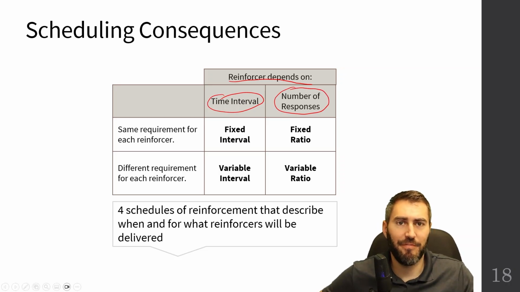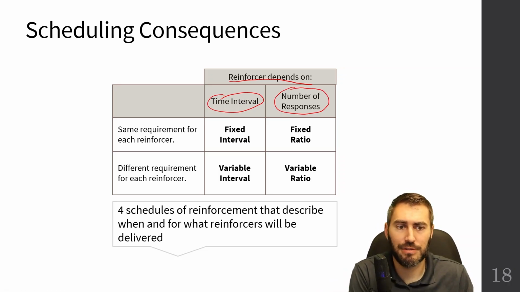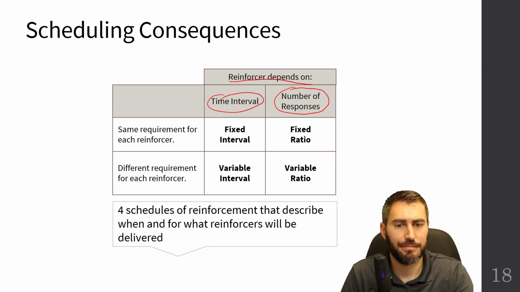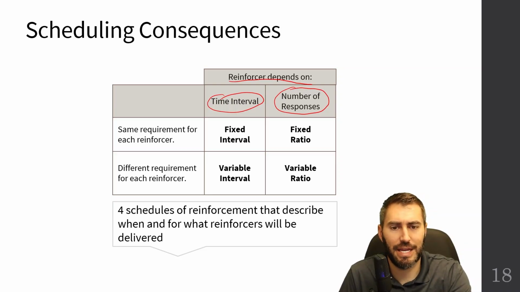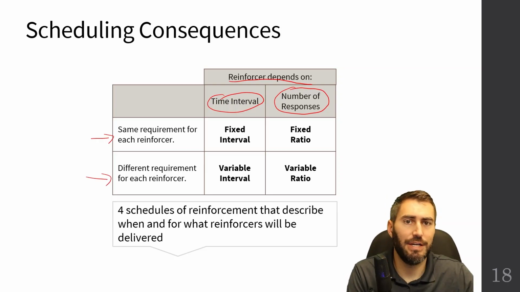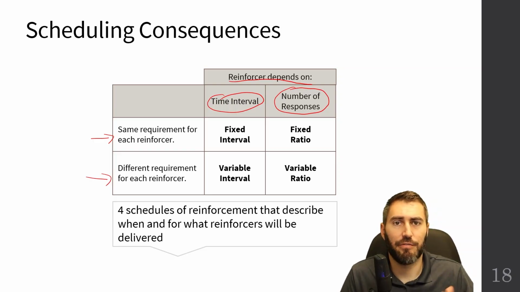So does it vary based on how often it happens, or how many responses need to take place for some reinforcer to happen? And then we can also ask, is this going to be consistent? Is it going to take place on a consistent cycle, or is it going to vary and change in how often or how many times it's taking place? And so we create these 4 types of scheduling that we can see.